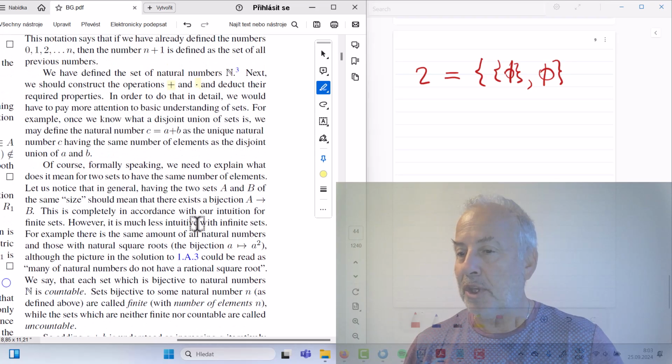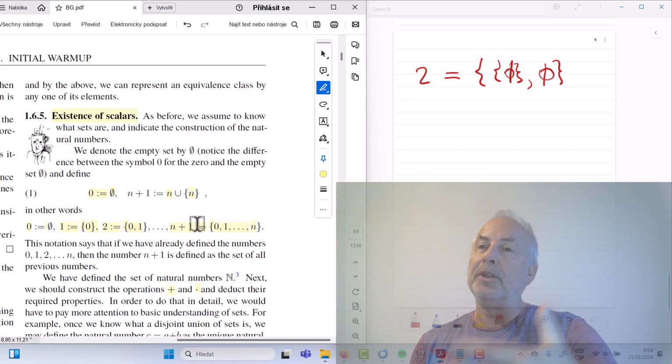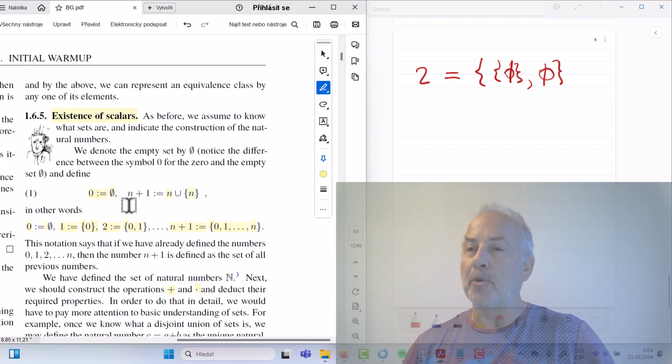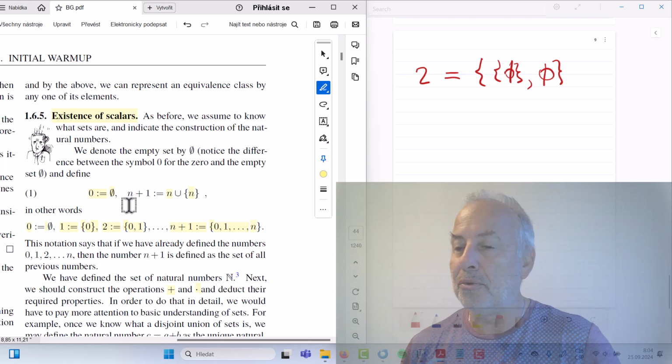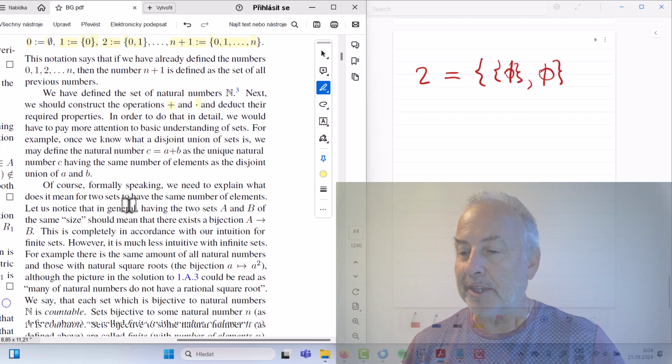And one of the important things is that it's built in this inductive way, and it produces then something which we call a countable size of a set. So all the sets which have got this property, they can be mapped bijectively to the naturals, are called a countable set.